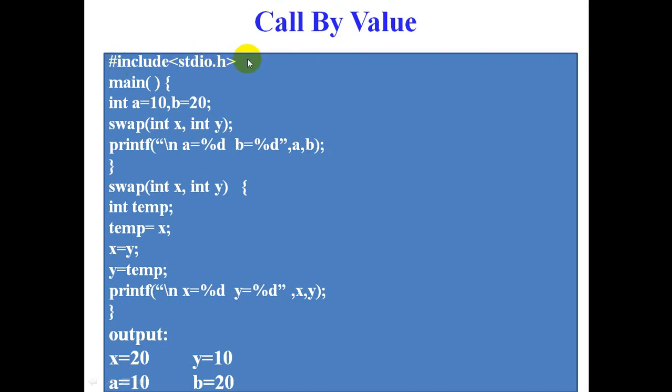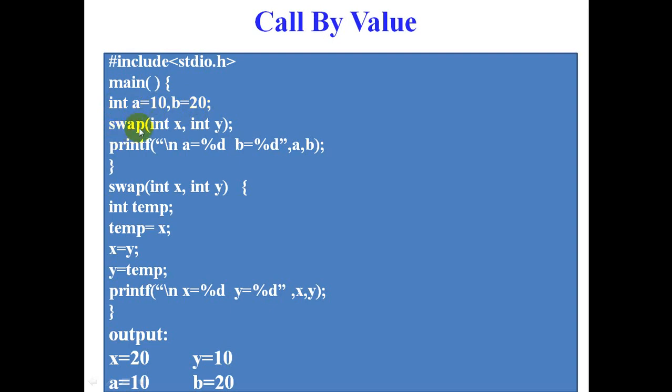So here first there will be a header file, #include stdio.h, standard input output header file. Next is the main function. Inside the main function I have declared two variables a and b. These two variables are declared in integer data type, and I have assigned values for a and b, that is 10 and 20 respectively.